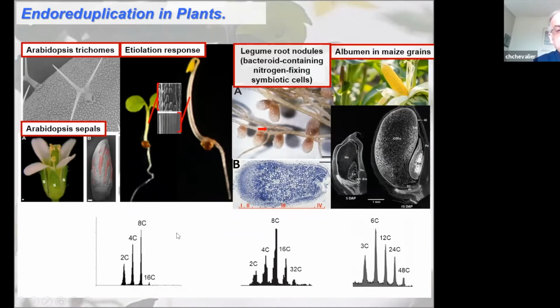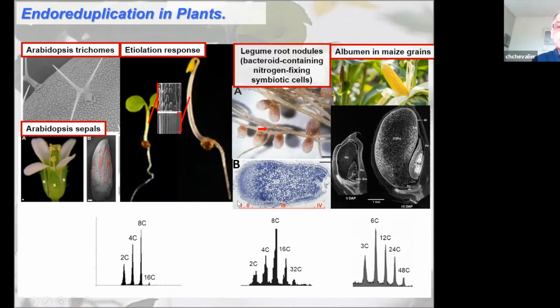When you use a flow cytometer to determine the DNA content in the nucleus, you end up with this kind of graph where you can see the evolution of the DNA content: 2C, which corresponds to a diploid state, 4C, 8C, and 16C. So this is the particular characteristic in Arabidopsis.